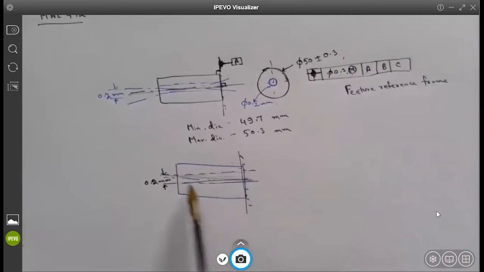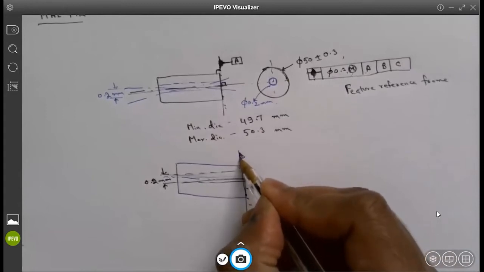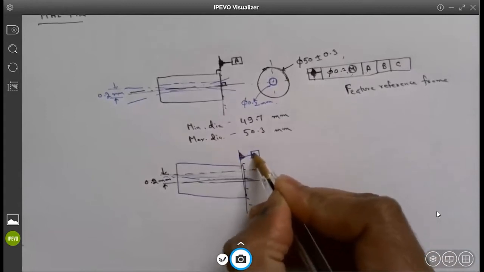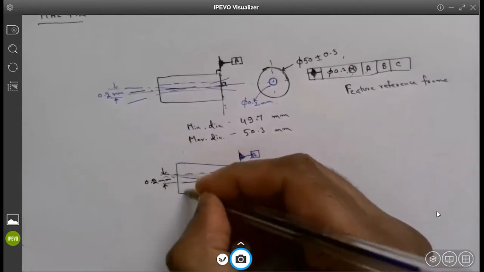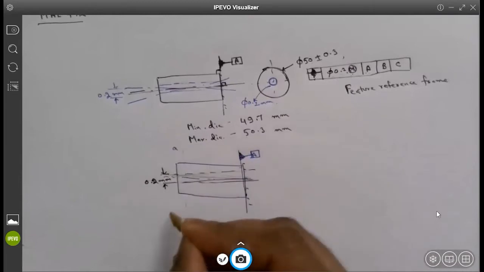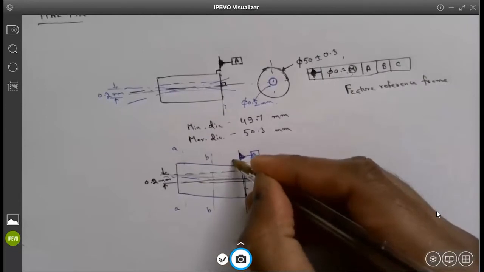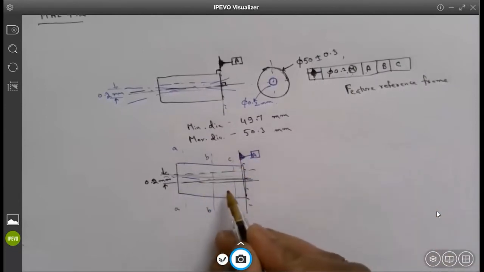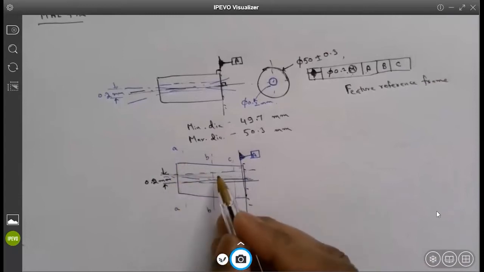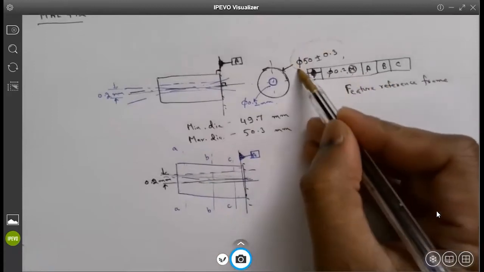That means it is now oriented at a specific angle to my datum A. At every section, if I measure in section AA, or section BB, or section CC, any section wherever I try to measure the diameter of this hole or cylinder, it has to satisfy this restriction.